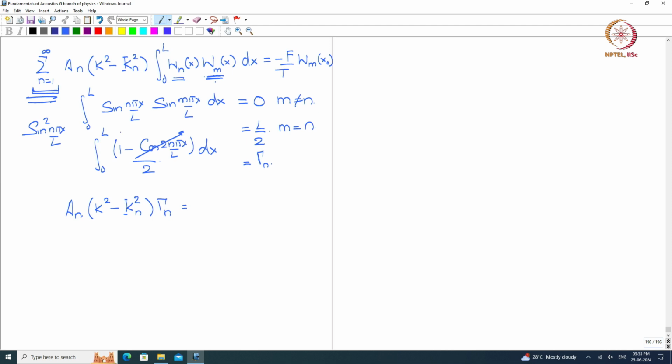Here it is not a problem because the summation goes from 1 and not 0. If you had a cosine, you would have a problem because n equal to 0 will have a different integration, and gamma n will differ.